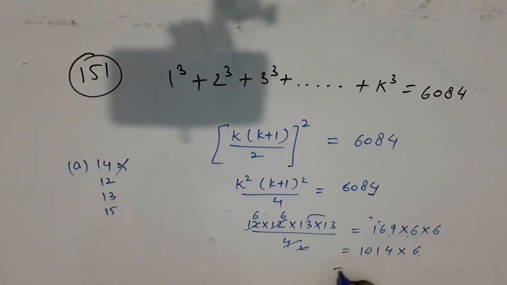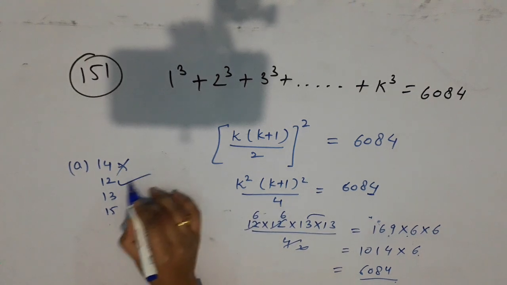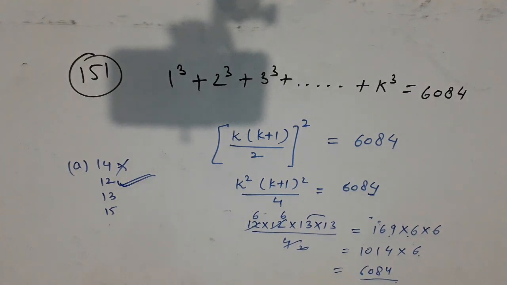Let's multiply the 6. That is 6084. Means k is 12. So this type of question you can make your calculation easier, and you can just put the option and check which option is true.